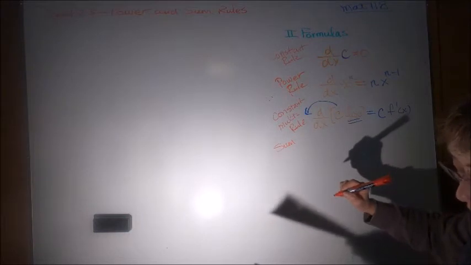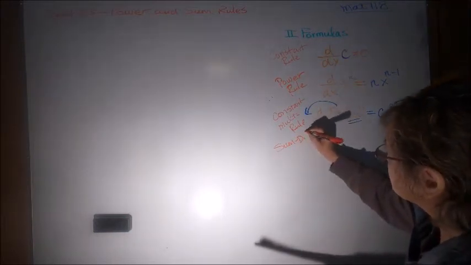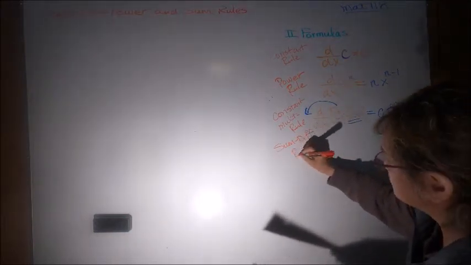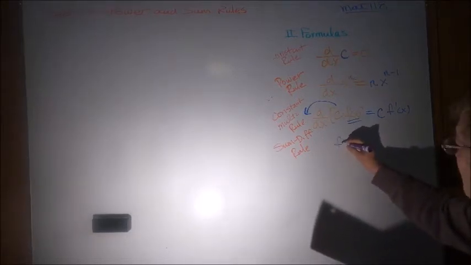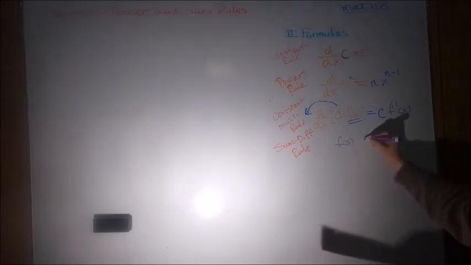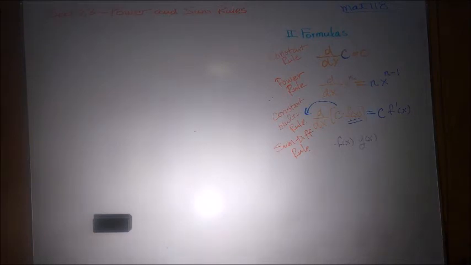Okay, let's see the next tool we are going to learn. Go back to your page 30. It's called what? Sum and difference rule. Okay, so sum and difference, what do you think that is? Sum and difference, right? So we have what? 2 functions, f of x and g of x.